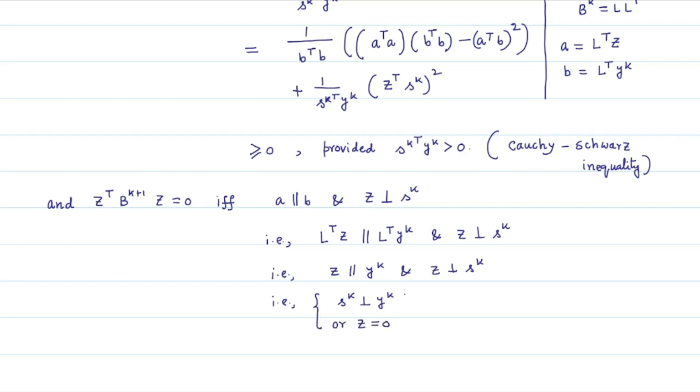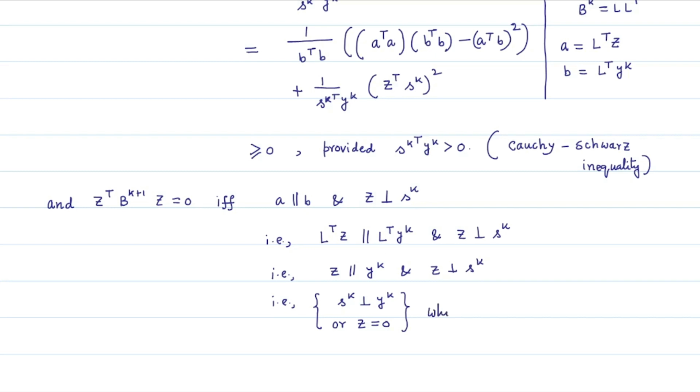But we notice that both of these things are not possible, because we are going to prove that this quantity is positive only for z not equal to 0. So z equal to 0 is sorted out, and s_k cannot be perpendicular to y_k because you have pre-assumed the curvature condition that s_k transpose y_k is positive.